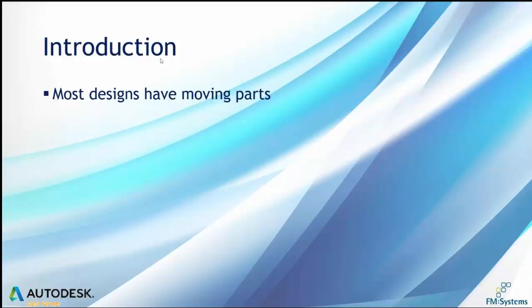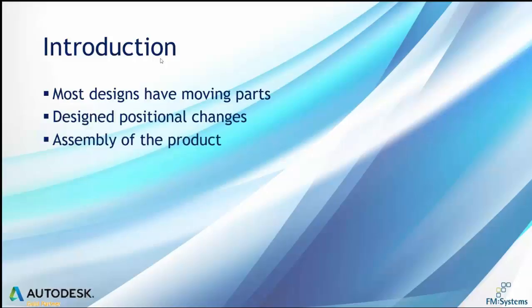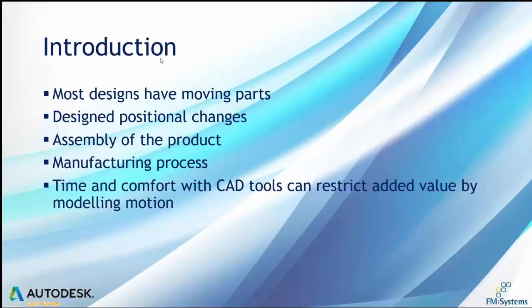Getting started with the introduction, we see that within modeling in Inventor, a lot of our designs focus on moving components. We also sometimes have positional changes that are required to test how components interact with other objects. So we need to make sure we set up the correct limits of a component's position and movement.